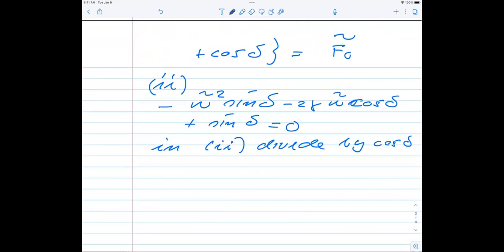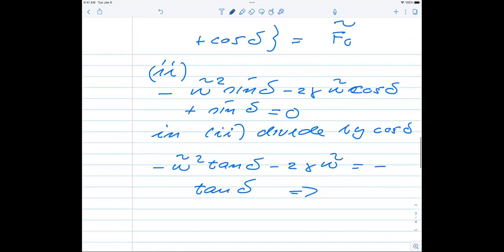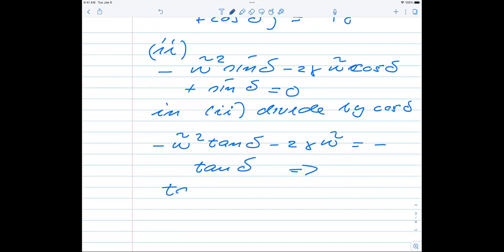If we look at this equation, what we get is minus omega squared, and then sine delta divided by cosine delta is the same as tan delta, minus 2 gamma omega tilde is equal to minus tan delta. And now I can reorder the tan terms, and what I get is that tan delta is equal to 2 gamma omega tilde divided by 1 minus omega tilde squared.